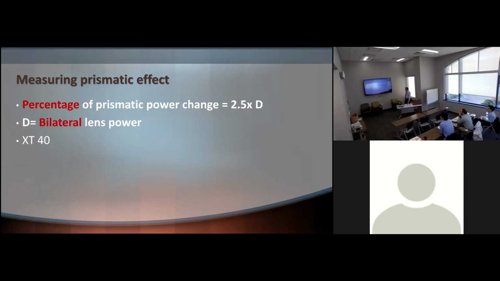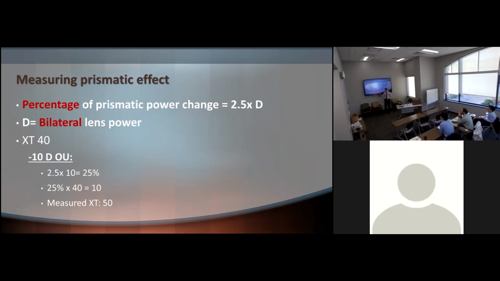So as a general rule, we can estimate the whole prismatic effect of a lens by multiplying the power by 2.5. Let's say you have a patient with exotropia of 40, and they wear minus 10 diopter lenses on both eyes.